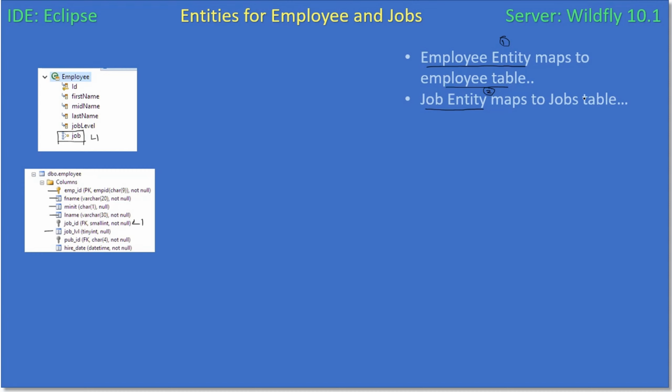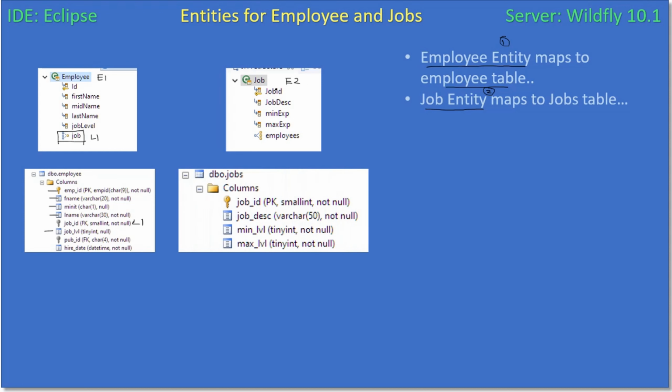which maps to the jobs table. Here this is our second entity, job. This one will be the first entity, employee 1, and the second entity will be the job, which maps to the job table.